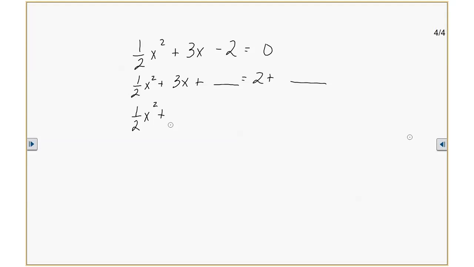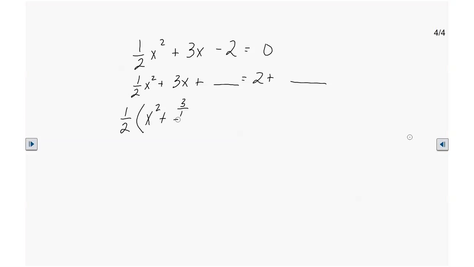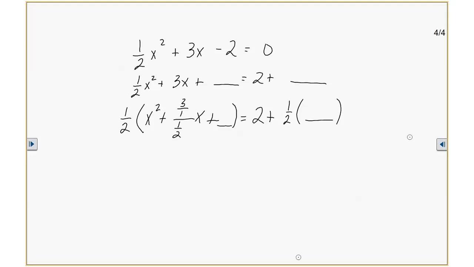All right. What happens here? Well, we're going to factor out a 1/2. I'll go ahead and do that. X squared plus 3 over 1 divided by 1 over 2, x plus y is equal to 2 plus 1/2 times 1. Now, you're bad at factoring out.